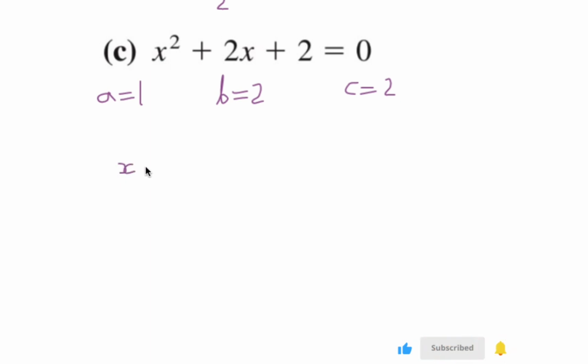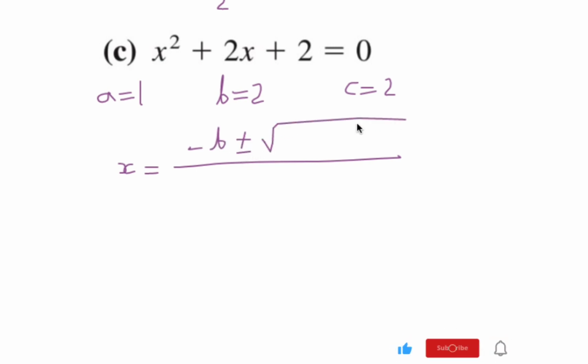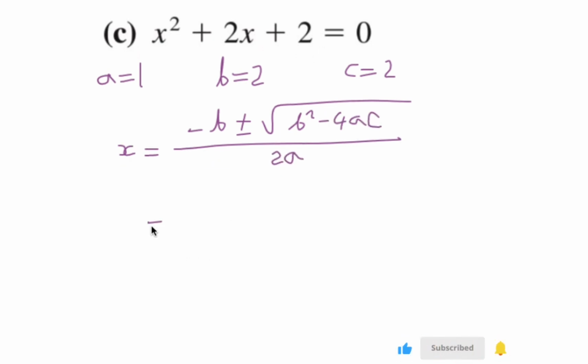Please again write formula: minus b plus minus square root b square minus 4ac upon 2a. Okay, now we can put values.